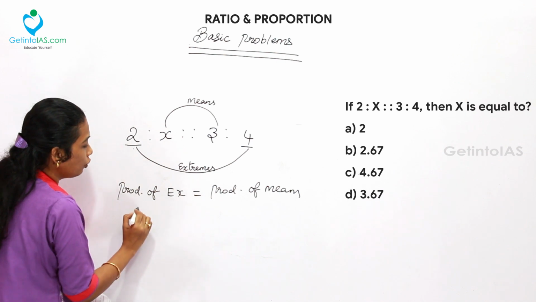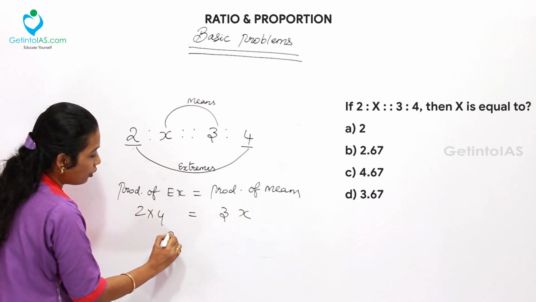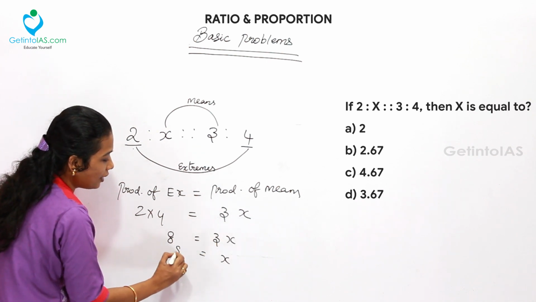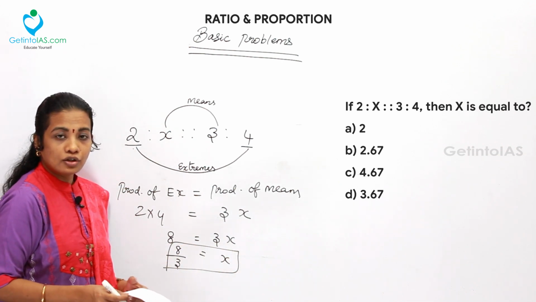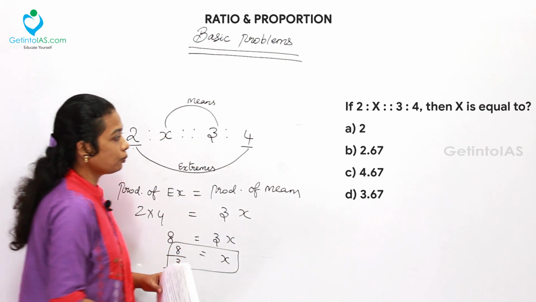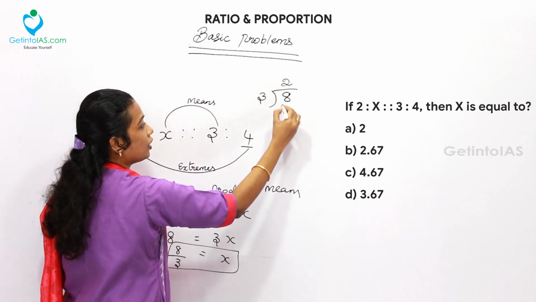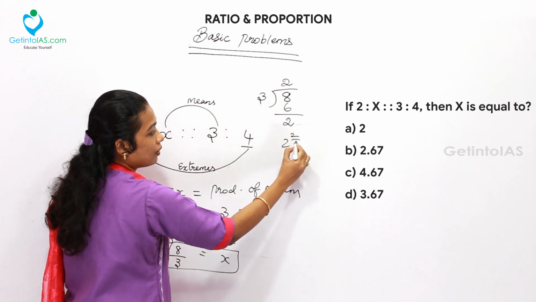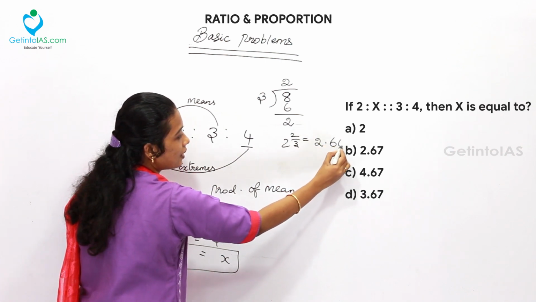Simply 2 into 4 will be equal to 3x. So 2 into 4 is 8, which is equal to 3x. Then x is equal to 8 divided by 3. Look at the options. There is no value given as 8 by 3, so take the decimal value. 8 divided by 3, which is 2 times 3 is 6 here, then 2 remains, 2 by 3, which is nothing but 2.66 recurring.